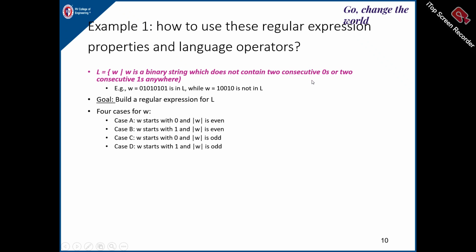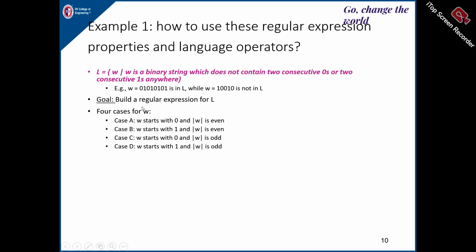So both 0, 0 as well as 1, 1 cannot be together. If you see this string, there are no consecutive zeros as well as no consecutive ones, which means that string belongs to the language, whereas the second string, 1, 0, 0, 1, 0, does not belong to L because it contains consecutive zeros.